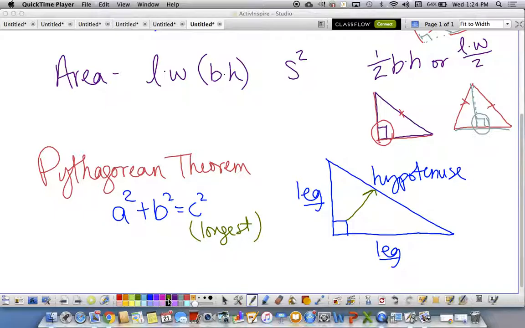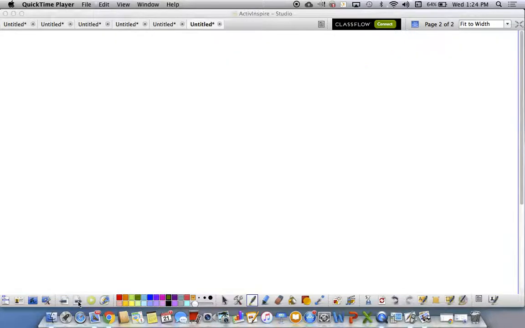Are we good? Can you prove to me, can you show me that you know how to use the Pythagorean theorem? Let me think of some numbers.